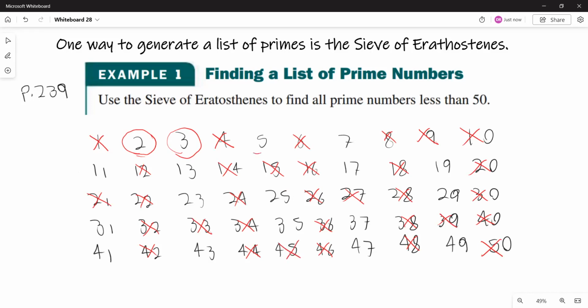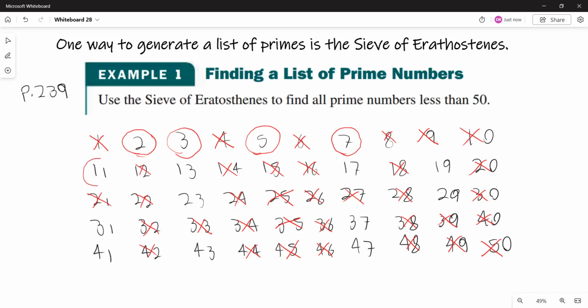The next prime number is 5. So we're going to cross the multiples of 5 that we haven't crossed yet. The next one is 7. So we crossed almost every multiple of 7 except 49.